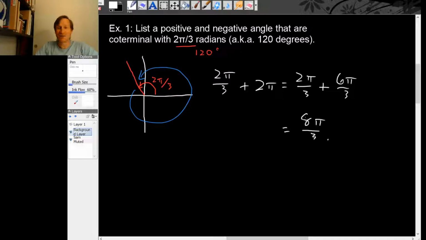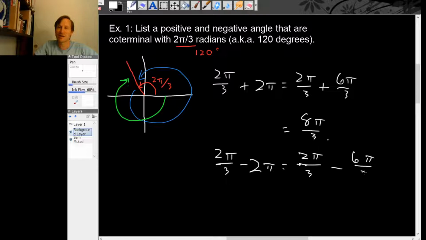To get a negative coterminal angle, we could just go the opposite direction. So instead of going counterclockwise, go clockwise. And that's 2 pi over 3 minus 2 pi. So that's 2 pi over 3 minus 6 pi over 3.